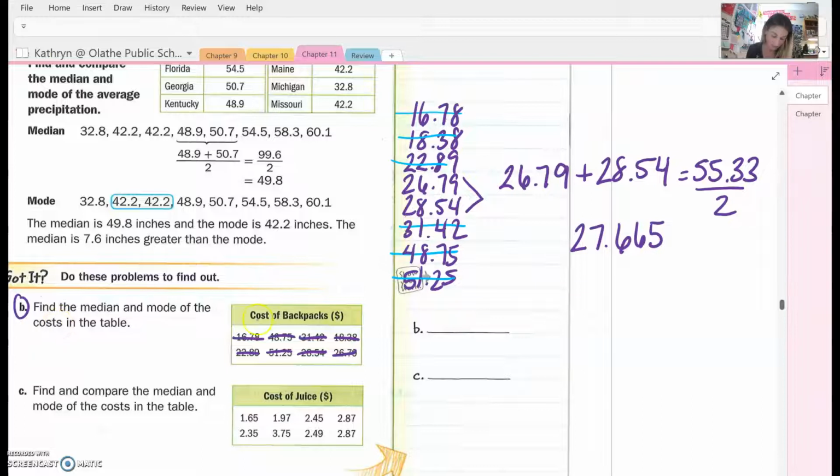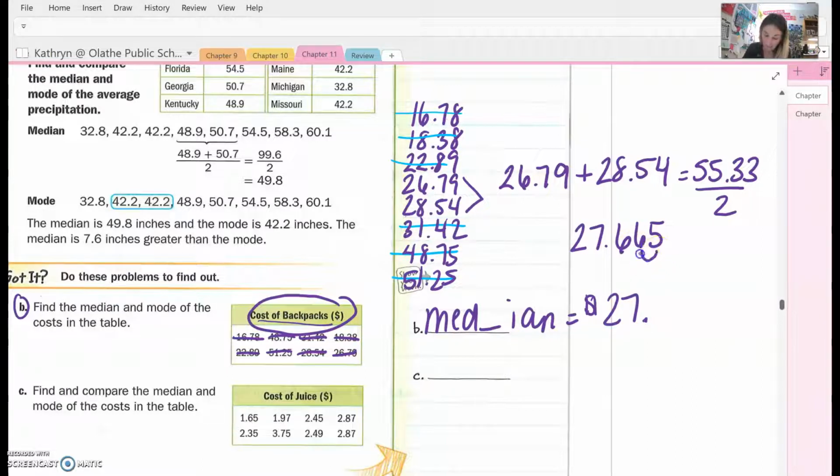Let's take a look, and it says it's a cost of a backpack. So since we're doing the median and we're talking money, I'm going to turn this into dollars. So $27, and I'm going to take this 5 and round that up and 67 cents.